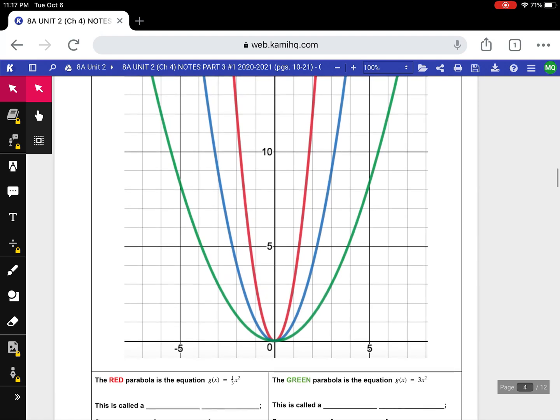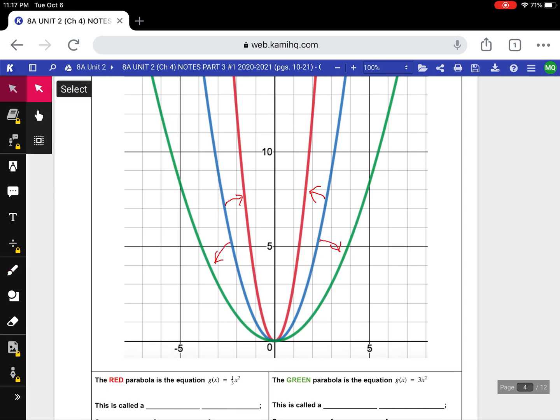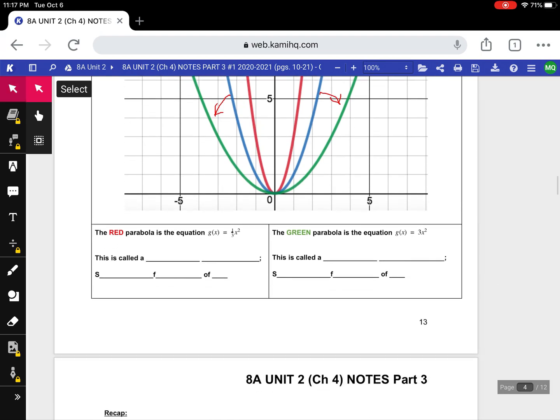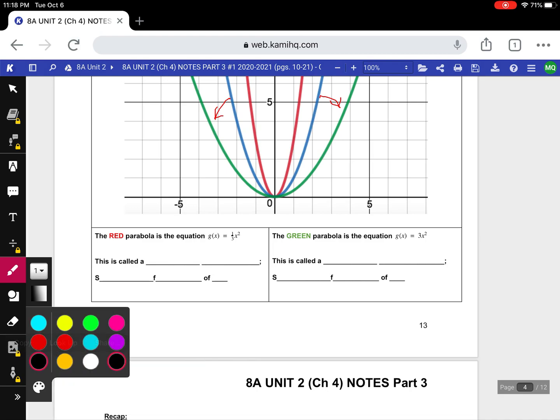Okay, and you can kind of see here what's going on. That blue is the parent, okay, and it's either being pulled, sorry, my marker wasn't on. It's either being pulled this way or kind of pushed outward, right? So when we look at this, the red parabola in the equation g of x equals, let me think about this for a second. I think that's wrong. This is actually, oh, cross that out.